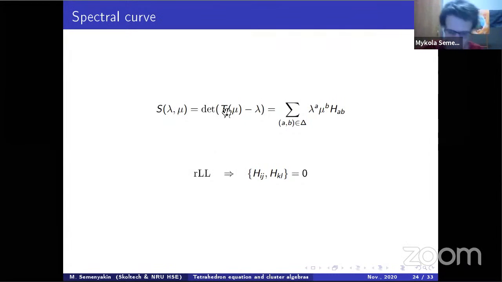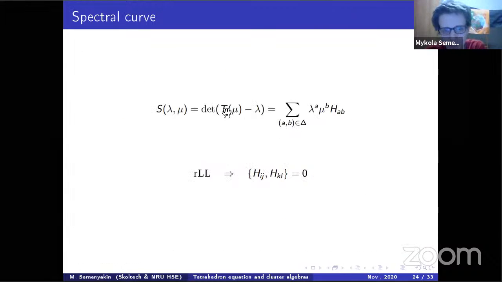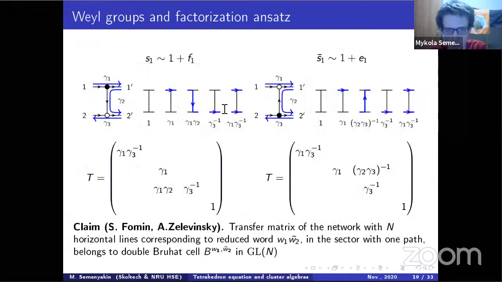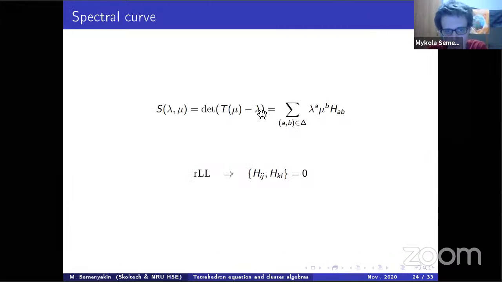Both considerations result in the same consequence: you can take the characteristic polynomial of this operator or of this operator, and now you have spectral parameters lambda and mu, and the coefficients of this characteristic polynomial are the commuting Hamiltonians of an integrable system. And this follows from the classical Yang-Baxter equation.